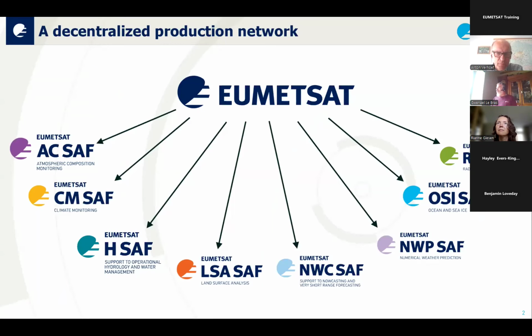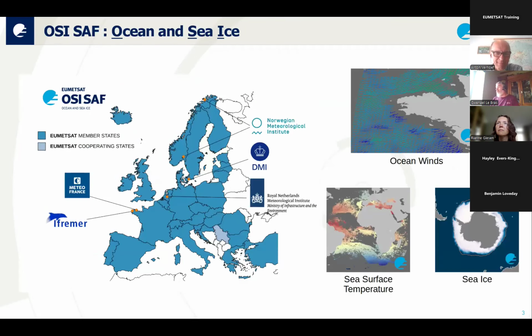First, OSI SAF. EUMETSAT is delegating part of its production efforts to some consortia inside its member states. There are 8 of them, and the name of this working group is SAF, Satellite Application Facility. One of them, ours, is OSI SAF, which is concentrating on ocean and sea ice.